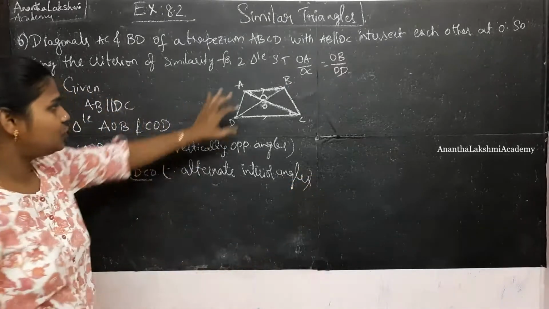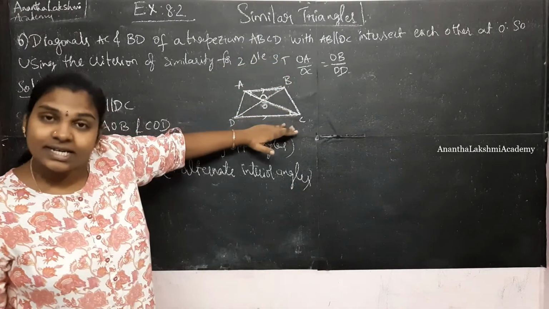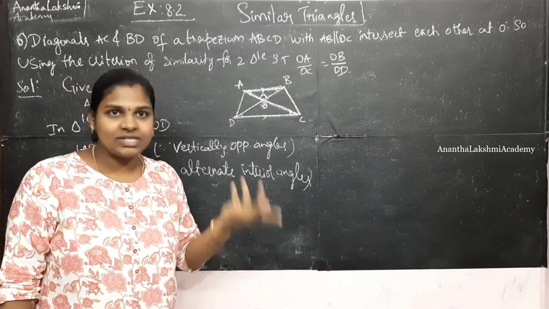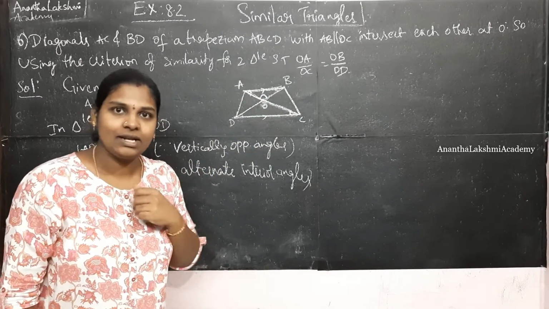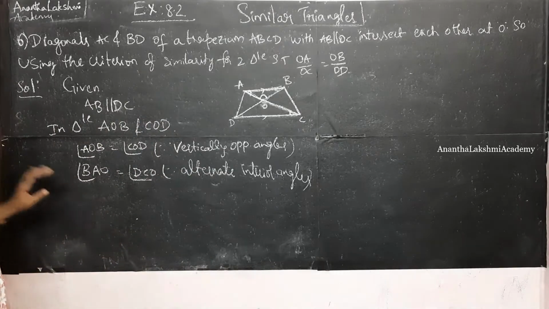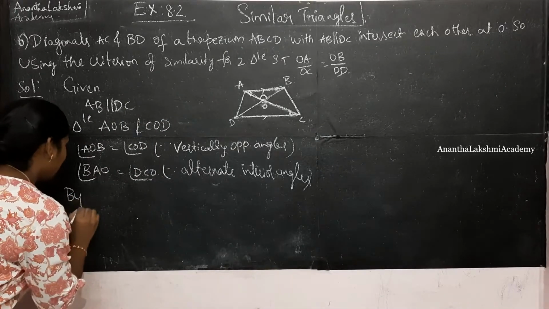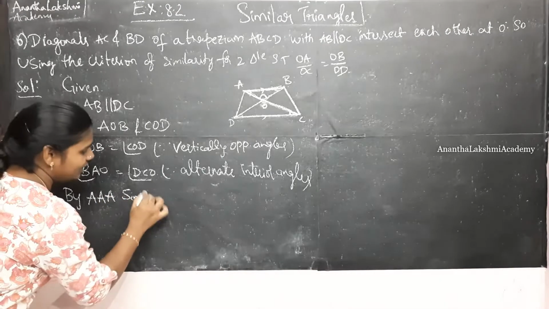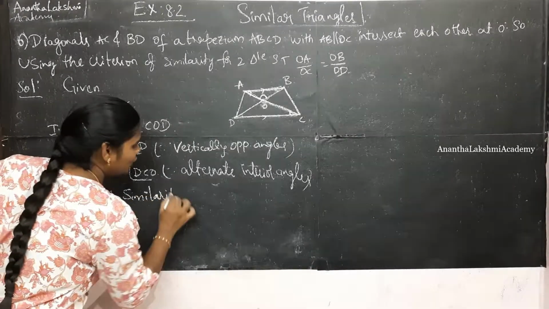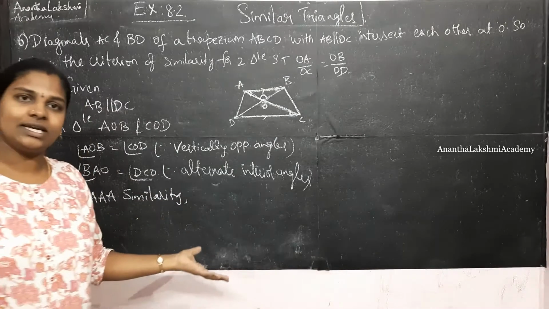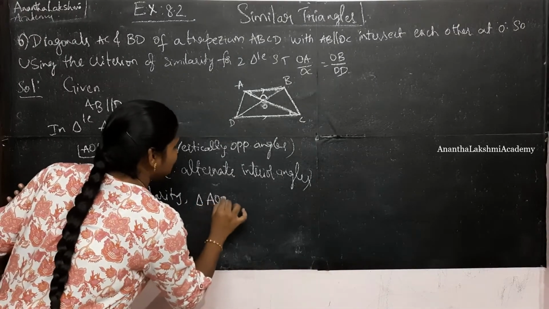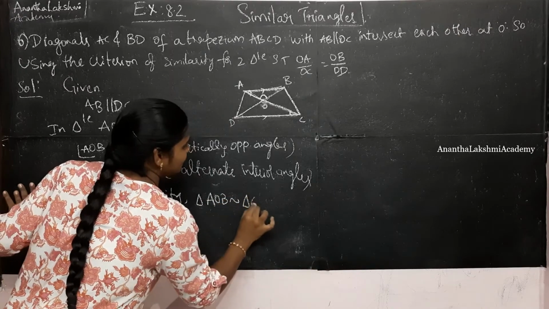Now, in these two triangles, the first triangle and the second triangle, two angles are equal in both triangles. So eventually the third angle will also be equal. What is the criterion that we are going to use? AAA similarity criterion. Three angles are equal, so the triangles are similar. Triangle AOB is similar to triangle COD.